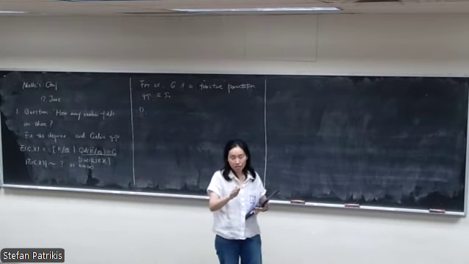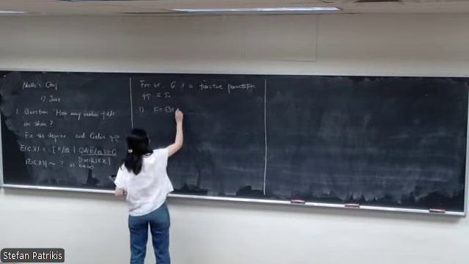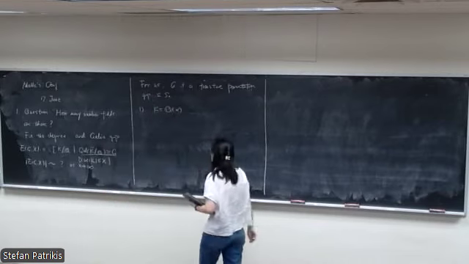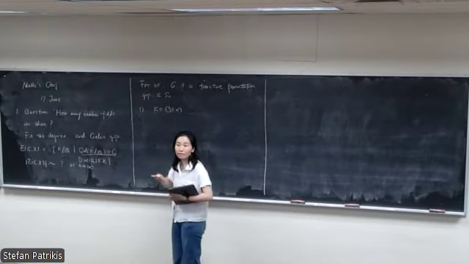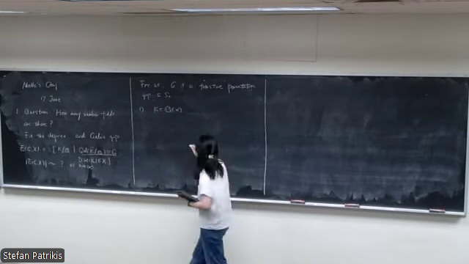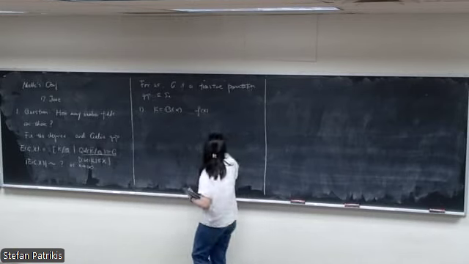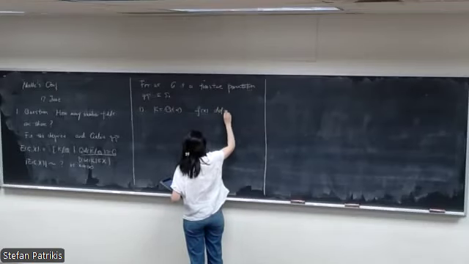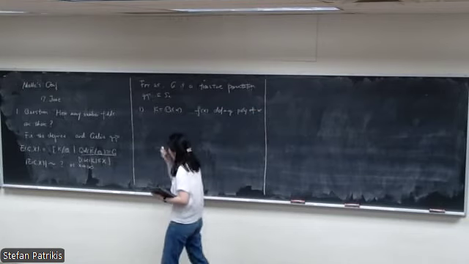Intuitively, if it's the first time you think about this, you can take your number field and find one primitive element alpha that generates it, and let f(x) be the defining polynomial of alpha.